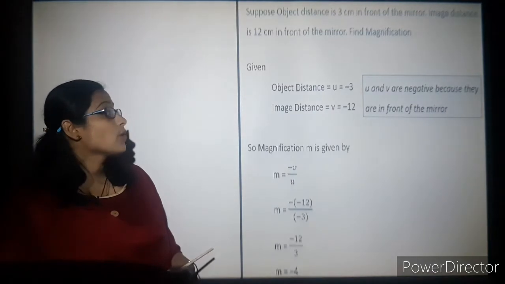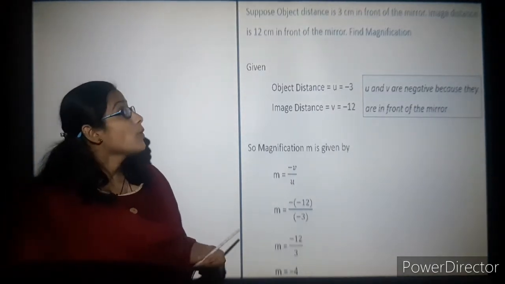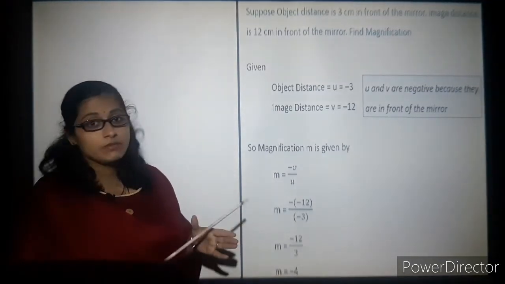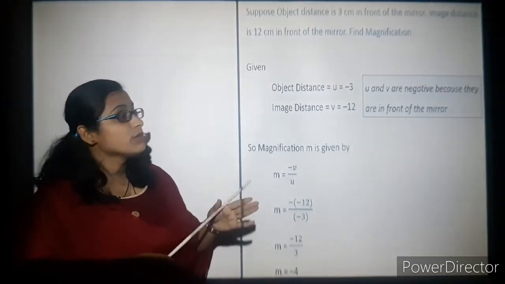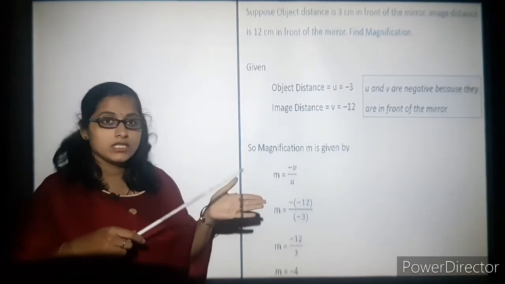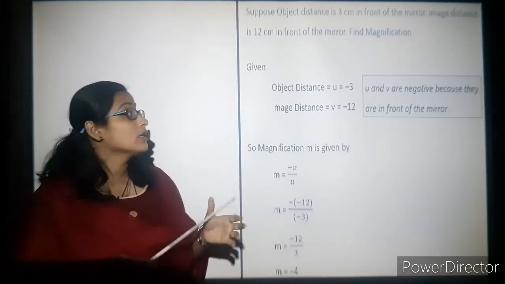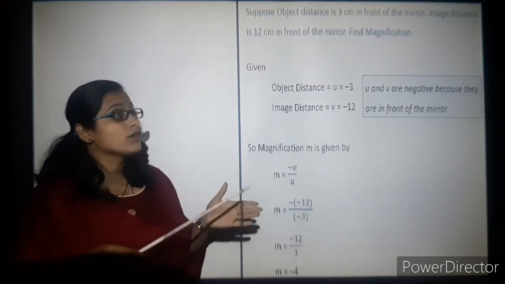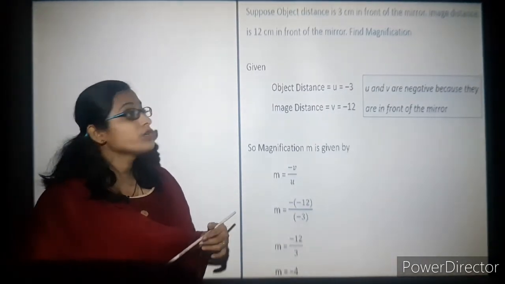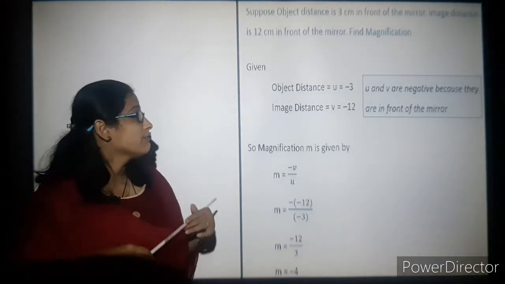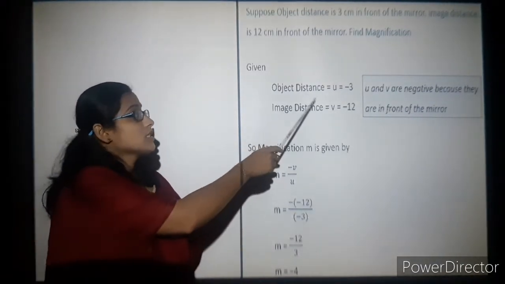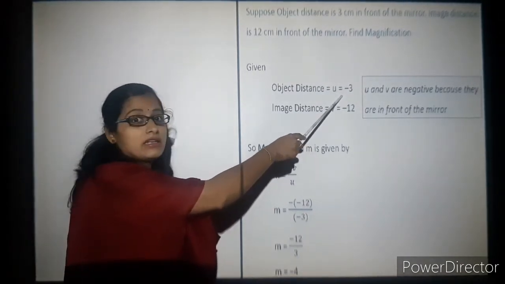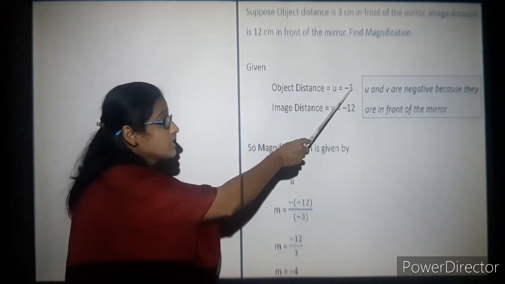Coming to the next problem. Suppose the object distance is 3 centimeter in front of the mirror, and the image distance is 12 centimeter in front of the mirror. You need to find the magnification. As per the sign convention, the object distance U you need to put as -3.